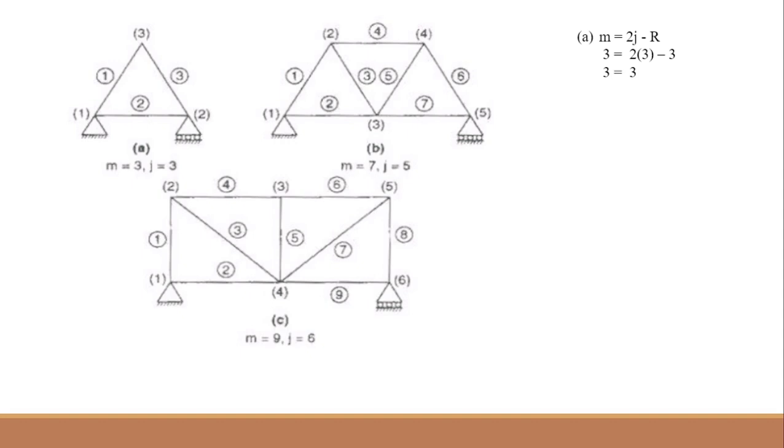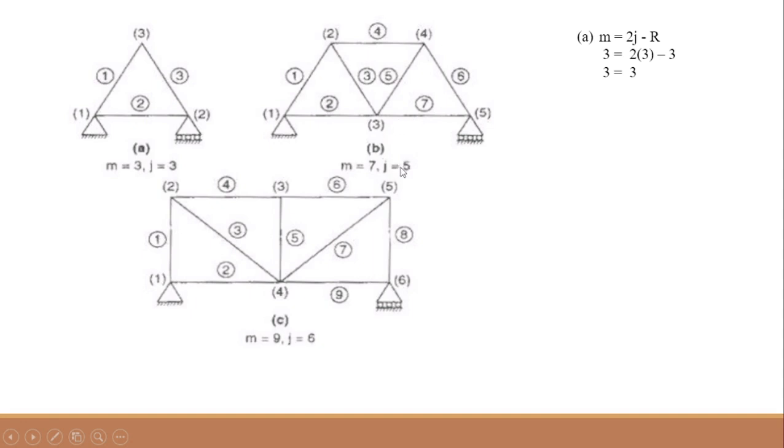We'll come to another example, that is b. Here you see so many members are there. First we shall count the members: 1, 2, 3, 4, 5, 6, 7, all the slender elements. Now these slender members are connected at points, so the connections are 1, 2, 3, 4, 5.